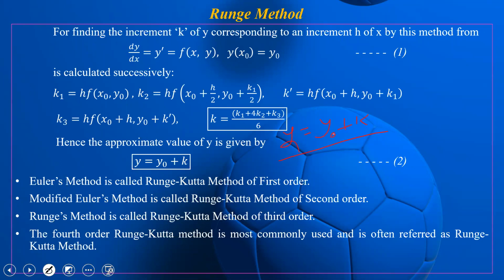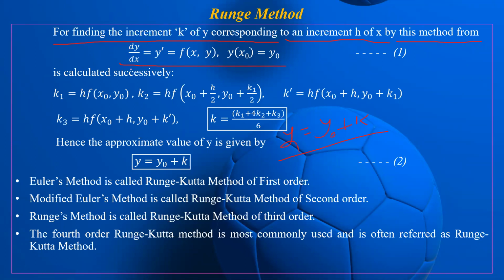So for finding the increment k of y corresponding to an increment h of x by this method, from the given equation dy/dx is equal to y dash, which is equal to f of x, y, and y of x0 is equal to y0.